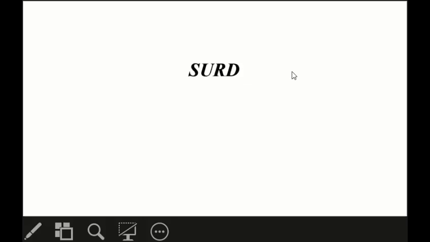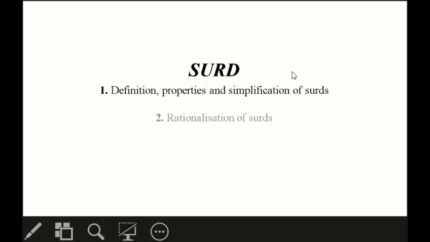For our topic today, which is SURD, in our first lesson we are going to consider: 1, the definition, the properties, and the simplifications of SURDS; 2, rationalization of SURDS. Those are the 2 things we are going to do in our first lesson under SURD.